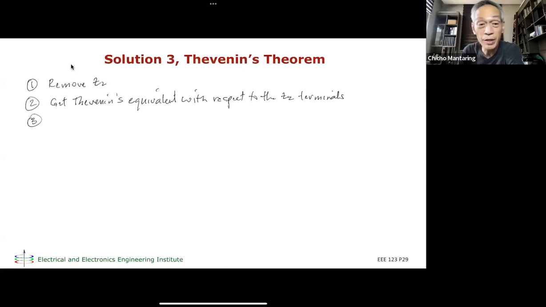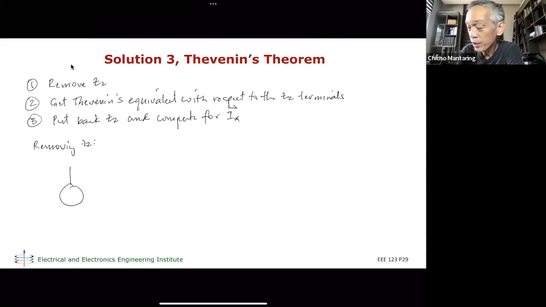And step 3, you put Z2 back to the Thevenin equivalent and compute for Ix. So that's all. Removing Z2, this is 100 over square root of 2 at an angle 0 degrees.